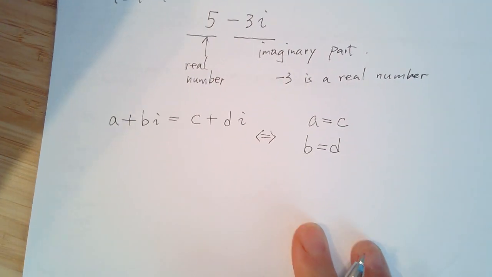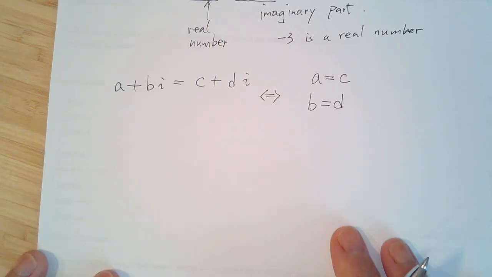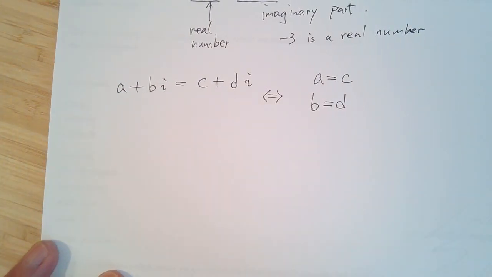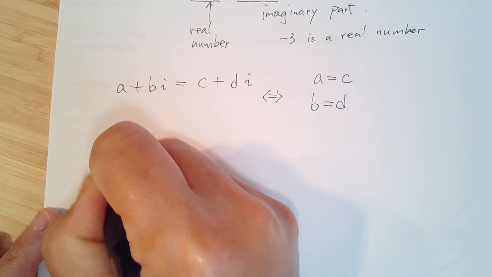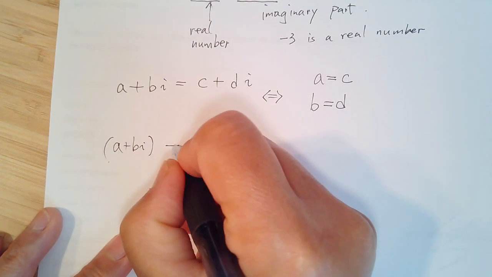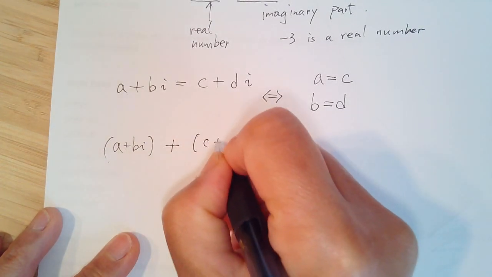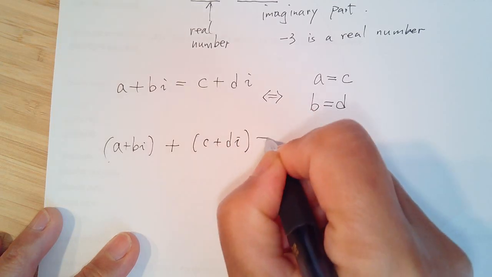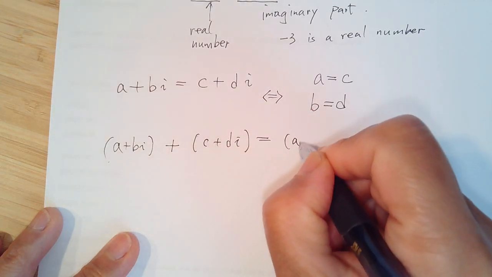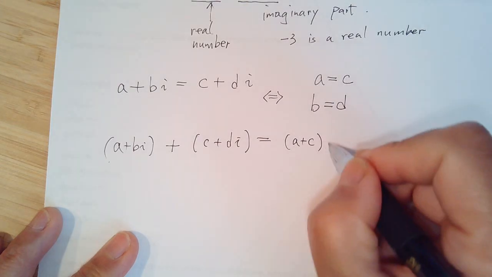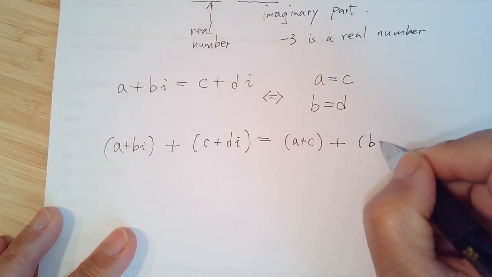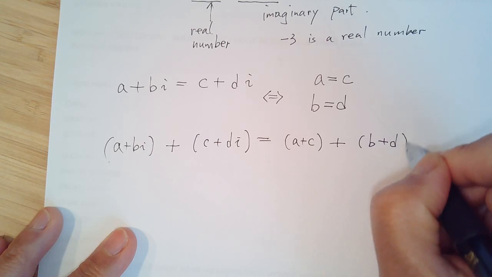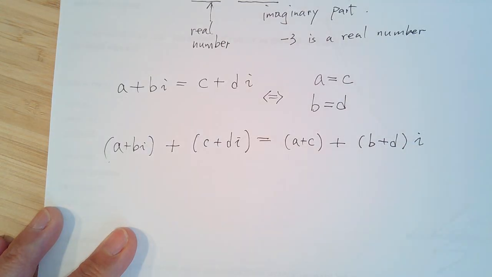And next we're going to learn how to add or subtract two complex numbers. If you have a plus bi, this is a complex number. If you add c plus di, then you just add the real part, which is a plus c, and then you add the imaginary part, the real number of that imaginary part.